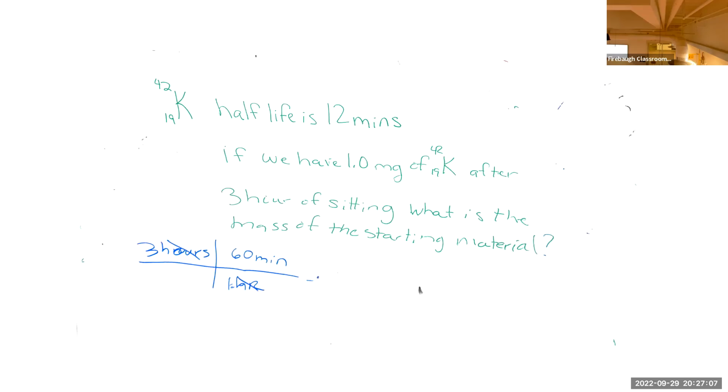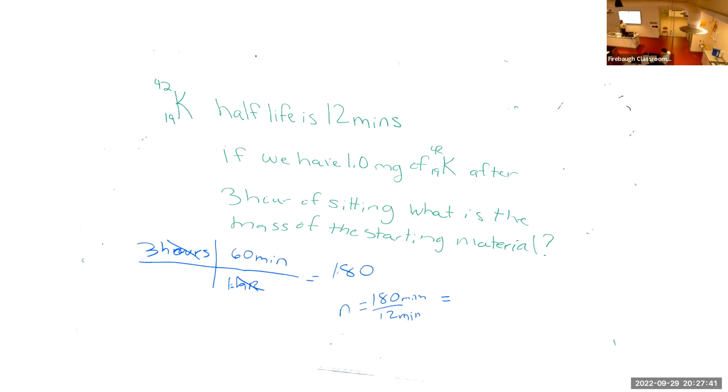So that's 180. Okay, so we have 180 divided by 12, and that's going to be our n, because you want to get to the half-lives. We have 3 hours. So 180 divided by 12 is 15.